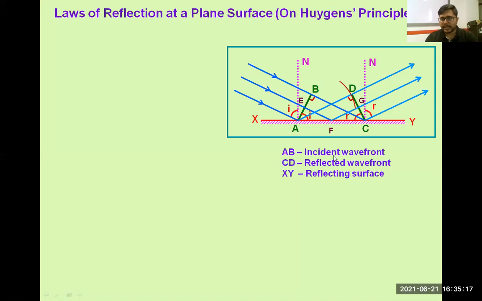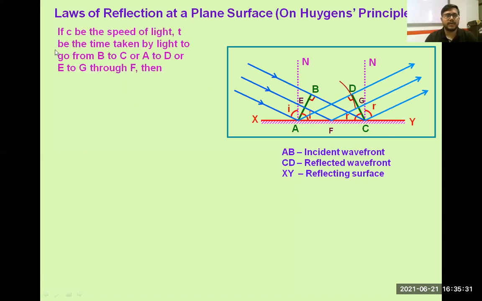AB is your incident wavefront, the green colored line, and CD is your reflected wavefront. XY is the reflecting surface. If c is the speed of light and t is the time taken by light to go from B to C, then from point B to point C it will take time t.